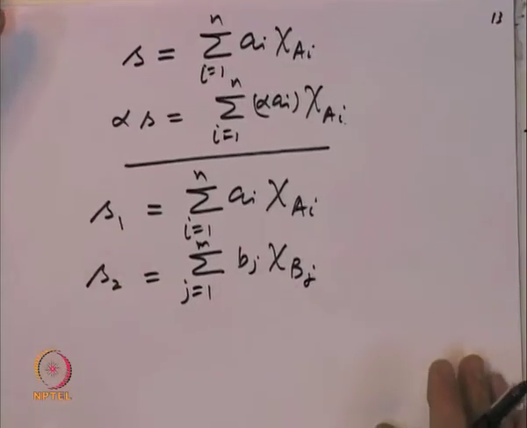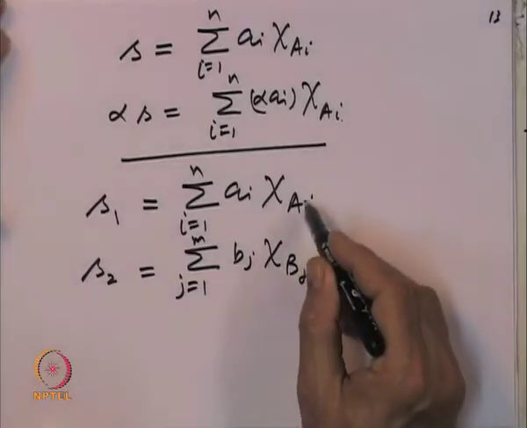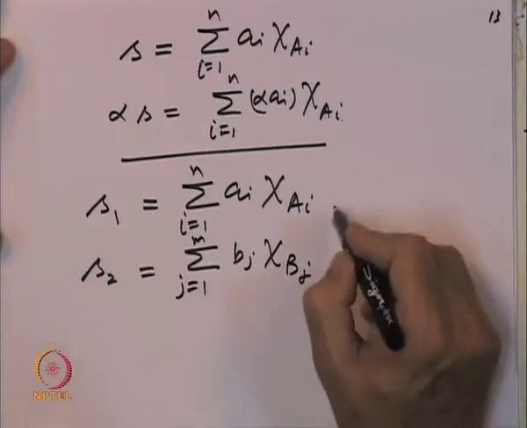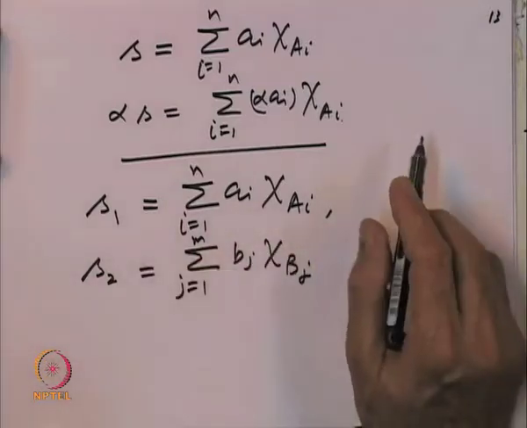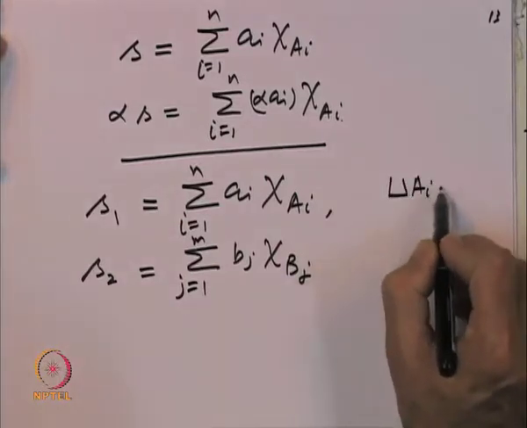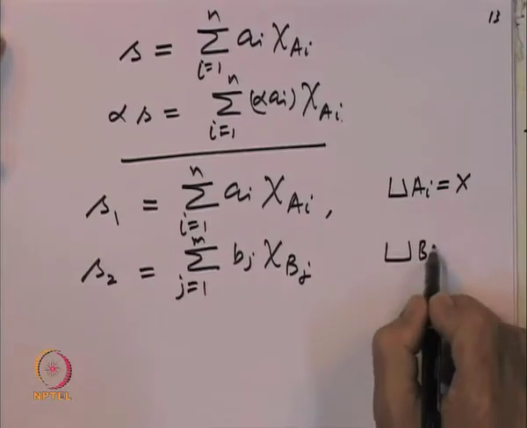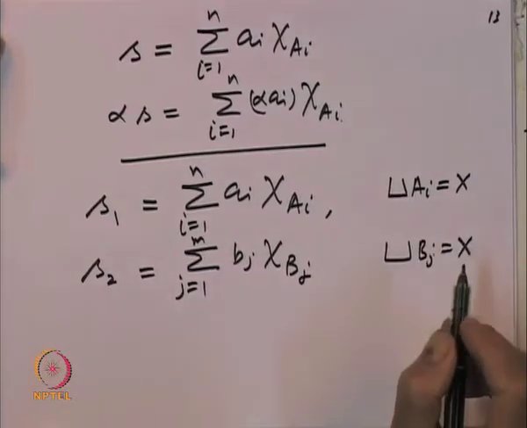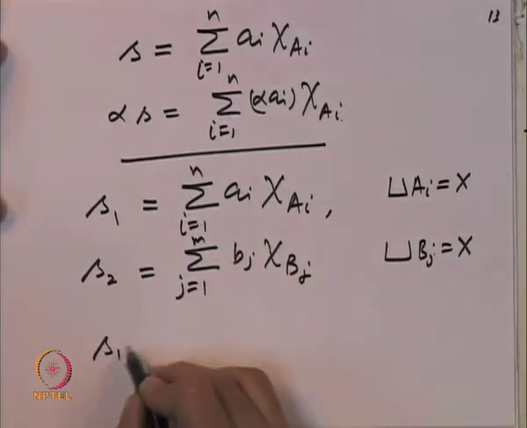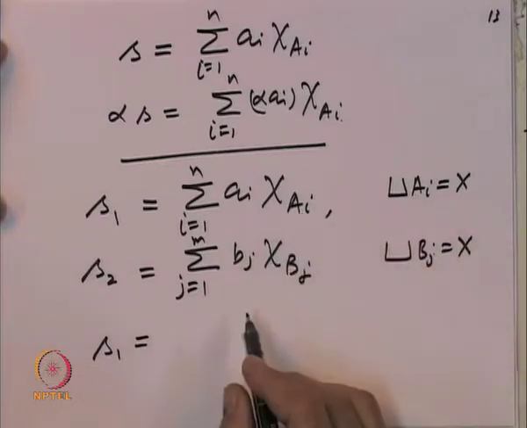Now, whenever one is dealing with more than one simple function, the idea is to try to bring the sets involved in the representation to be the same. So, here we are assuming that S 1 has a standard representation, where union A_i is equal to X and here union B_j is also equal to X. Then we can write S 1 by decomposing each A_i into a union of the B_j's.